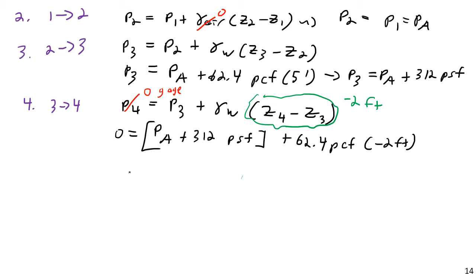And this will come to PA equal to negative 187.2 pounds per square foot. And that'll be the answer.